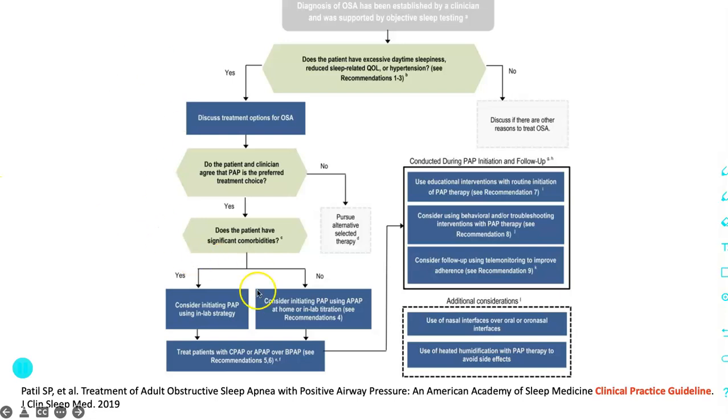If the answer is yes, consider an in-lab titration strategy. And if the answer is no, then consider a home APAP or an in-lab titration study. And the recommendation is to use CPAP or APAP over the BiPAP, so that BiPAP use is very limited for the treatment of obstructive sleep apnea.